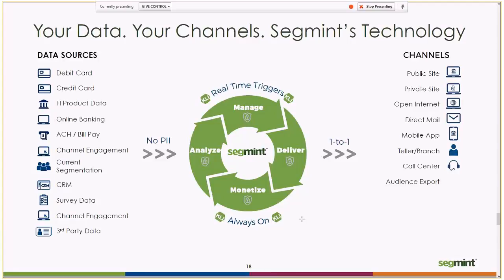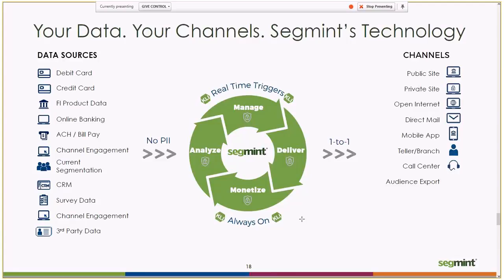Others over time that have been customers of ours utilize most of this data, and they layer in data to the platform over time as we work with them. So it's really not a difficult data project up front to ensure that the data is being published to the platform, and that's really part of the partnership that we have with Celero, who is really kind of the keeper and the secure holder of this data.